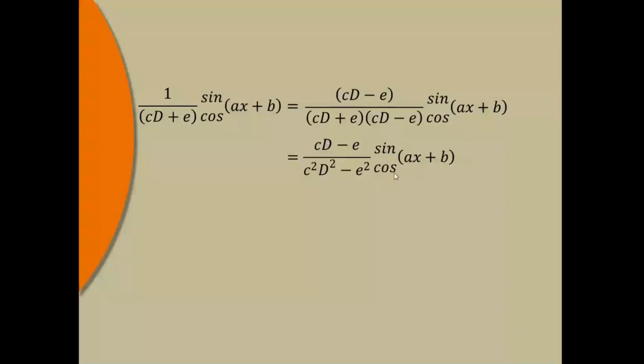Okay, so if we have such a type of c into d plus e, constant into d plus constant, then do rationalization. If you get only d, then 1 by d stands for integration, that we saw in the general method. If we only have 1 by d, it is a simple integration. But if you have some constant into d plus constant, or minus constant, just do the rationalization.